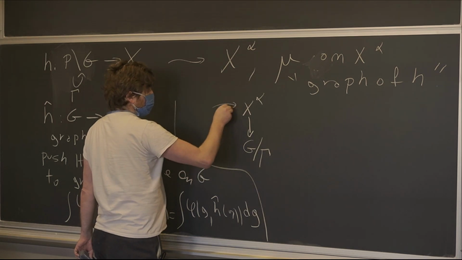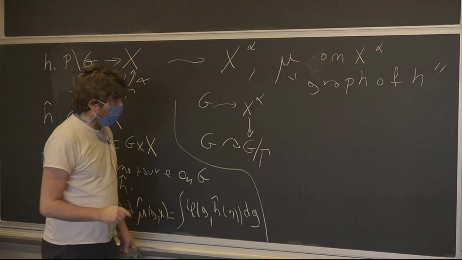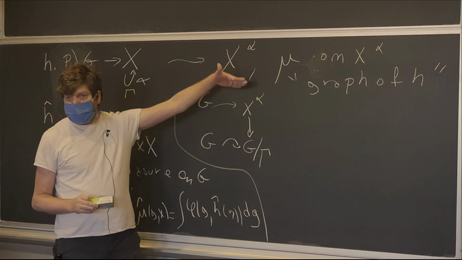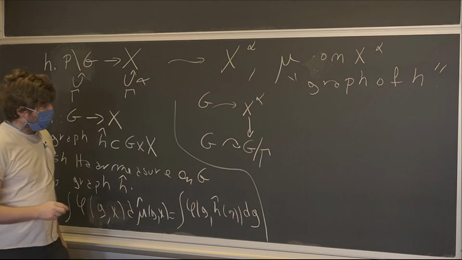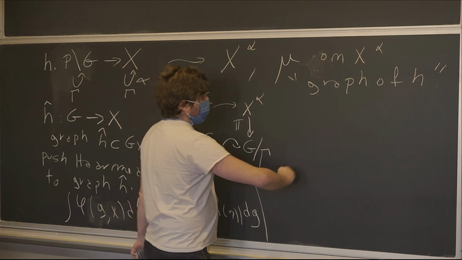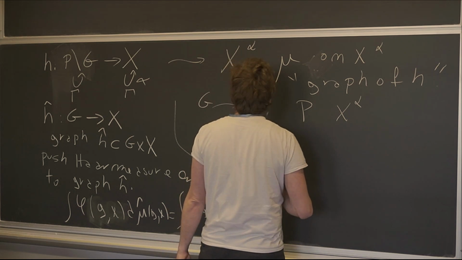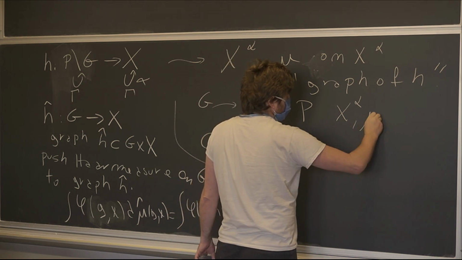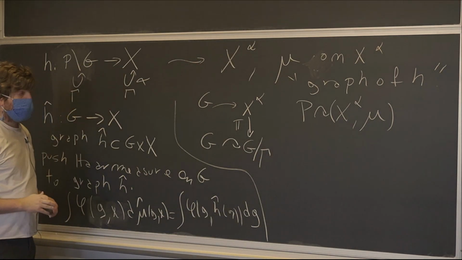And so we have this projection here into G mod gamma. We have the G action here, the corresponding G action up here, and we have the natural quotient here. Then when I restrict to P, we have that the measure mu is P invariant now.